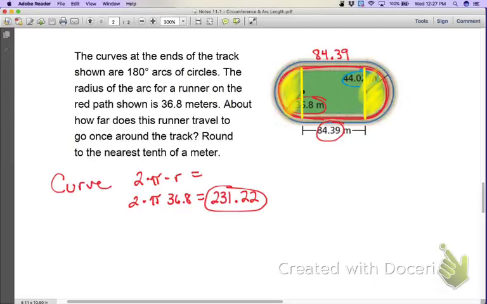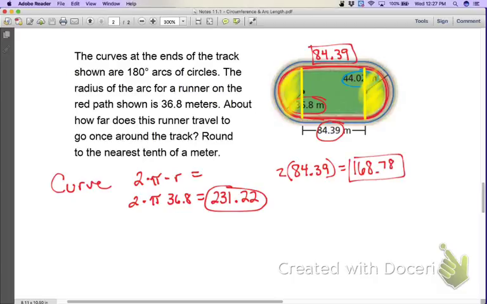So I need to take these two values. If I take 84.39 and multiply it by 2, because there's a front straightaway and a back straightaway, I get 168.78.